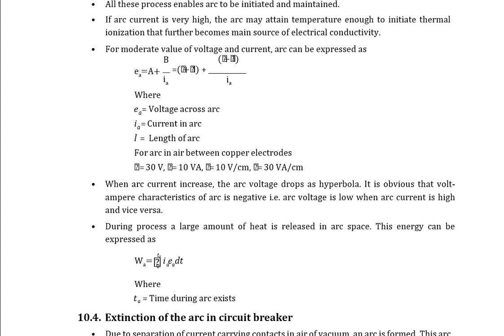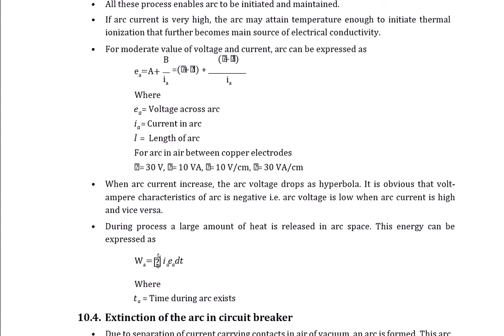It is obvious that the voltage-ampere characteristic of an arc is negative. If in any exam you are asked what the characteristic of an arc is, it is a negative type of characteristic, or we can say the arc voltage is low when arc current is high, and vice versa.